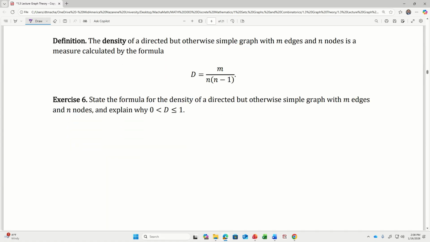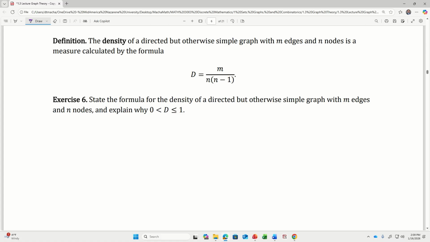The density of a directed but otherwise simple graph with m edges and n nodes is this. When I say directed but otherwise simple, I mean that there are no self-loops and no parallel edges, but it is directed. The only difference between this formula and the previous formula is that there's not a 2 in the numerator. Because when you're allowed to have directions, now you can have twice as many edges.